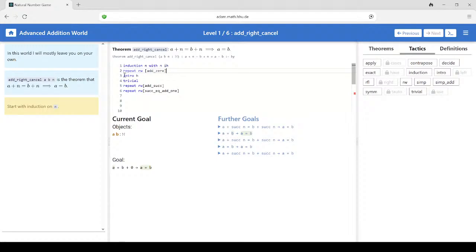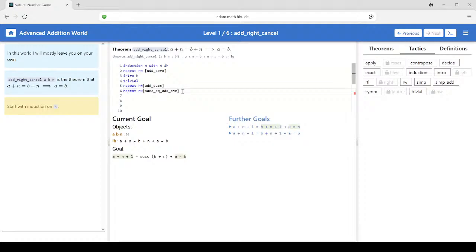Then we just added 0, which turned it into this, and then we introed this, so we had this is this. This is more complicated.